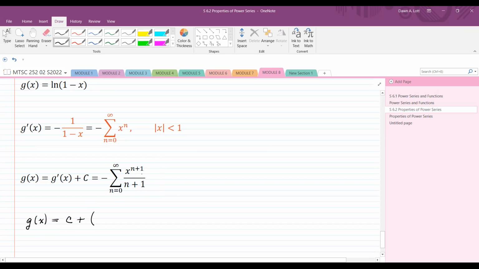But when I integrate this, when n is 0, I get x, then x squared over 2, then x cubed over 3, and x to the 4th over 4. The only thing I realized is that I made a mistake here, because it is negative of that. There we go. That is the power series.